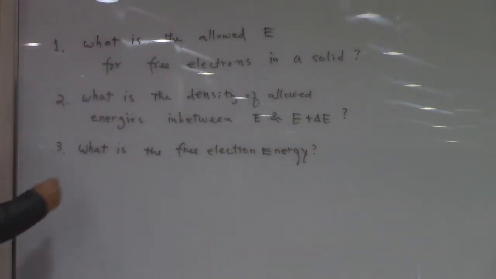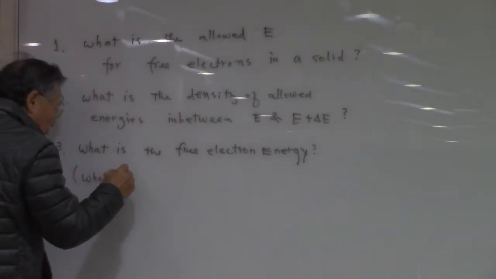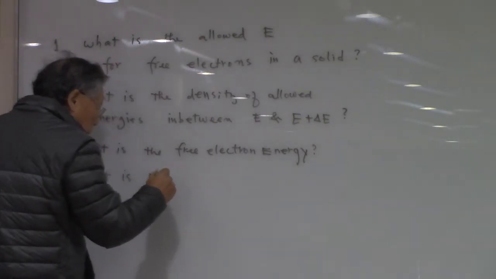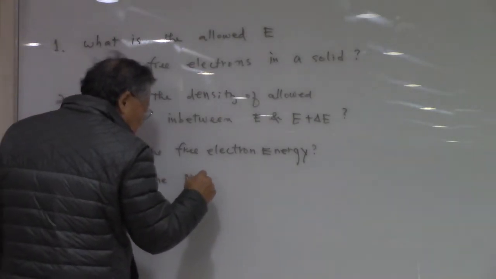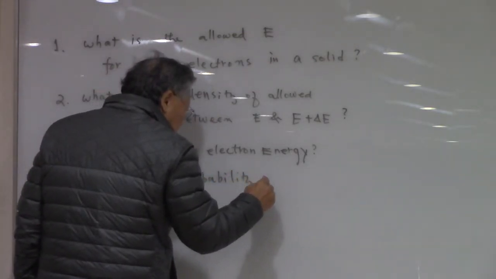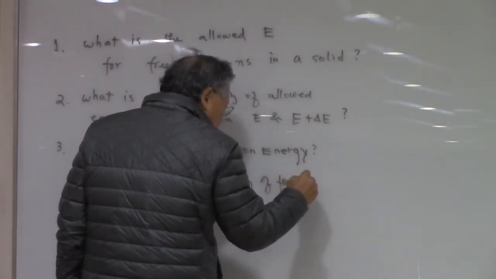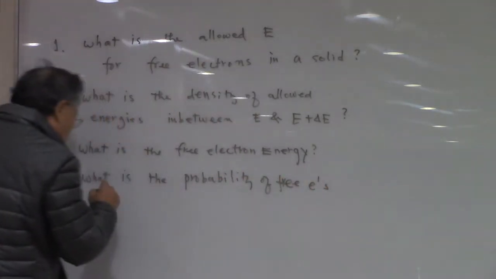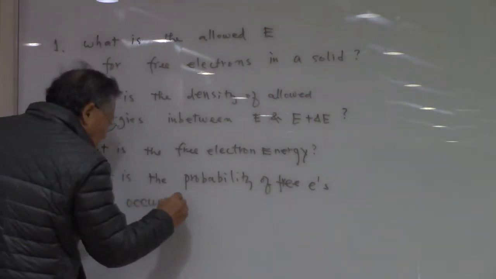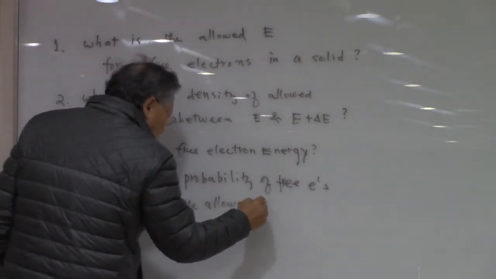In other words, what is the probability of free electrons to occupy the allowed energies?